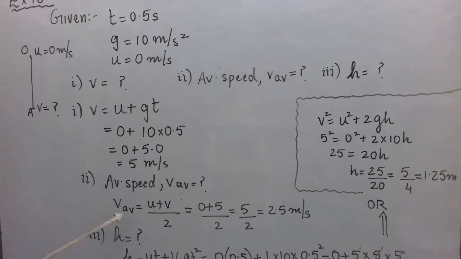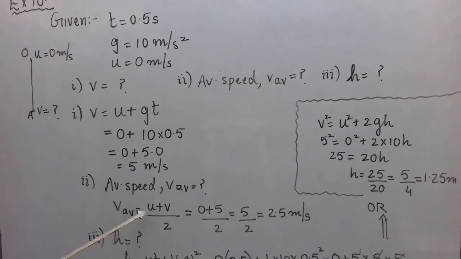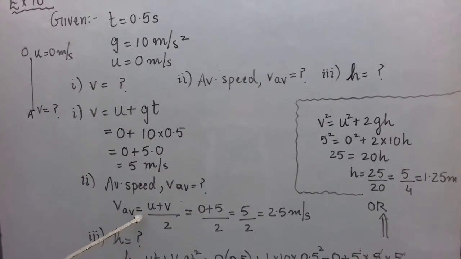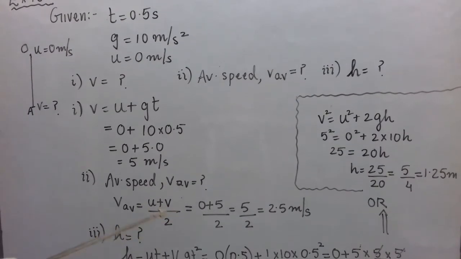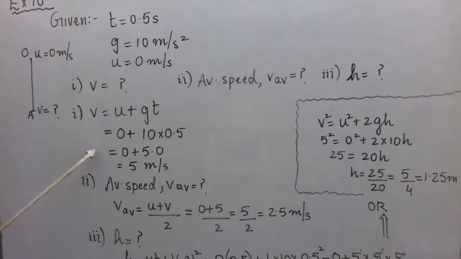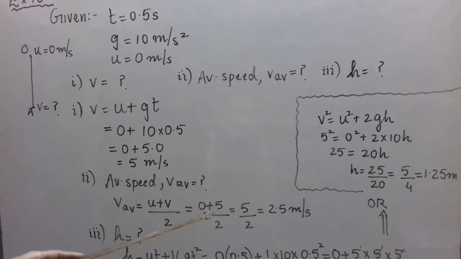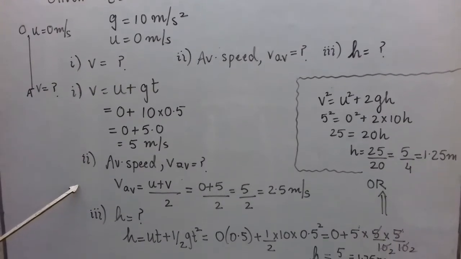We know that V average for uniformly accelerated motion, so here for a freely falling body we can consider, can also be calculated as U plus V by 2. So it is 0 plus what we have found in the first part, 5, divided by 2. We get the average speed to be 2.5 meter per second.